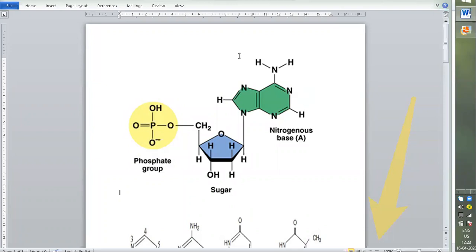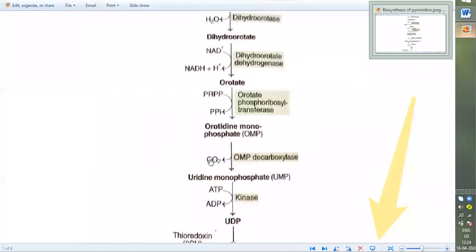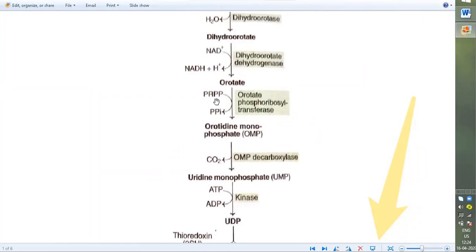In later stages, after formation of the pyrimidine ring, PRPP, the sugar and phosphate, will be attached. This is the difference between purine synthesis and pyrimidine synthesis. In purine synthesis, ribosyl phosphate is the initial part, but in pyrimidine synthesis, PRPP, phosphoribosyl pyrophosphate, is added in later stages.